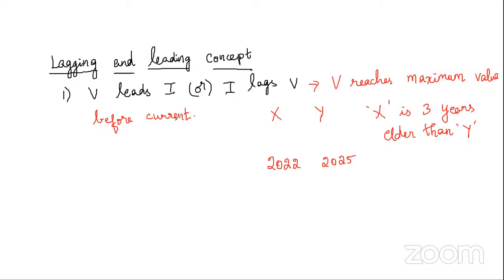So we can explain this with the help of equations and a diagram. V equal to V naught sine omega t plus phi.